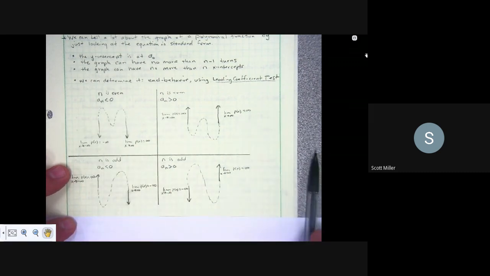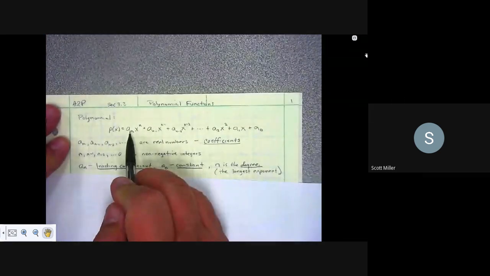Now, where have we seen this before? Well, in pretty much all transformations. This a sub n plays the same role as the outside number. Here, let me show you an example.